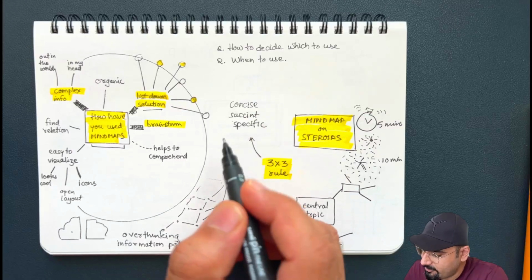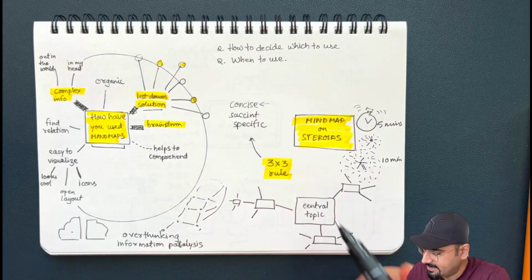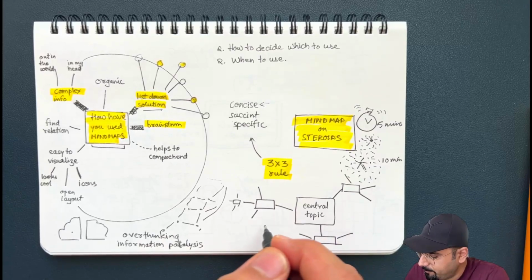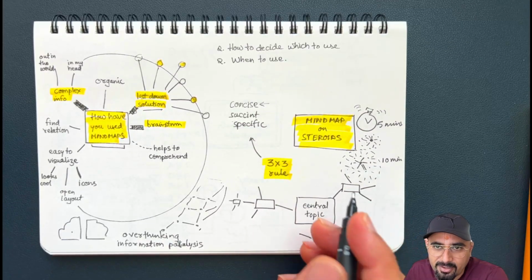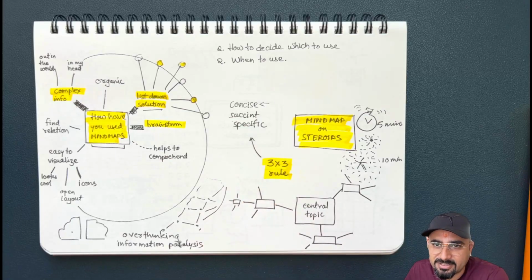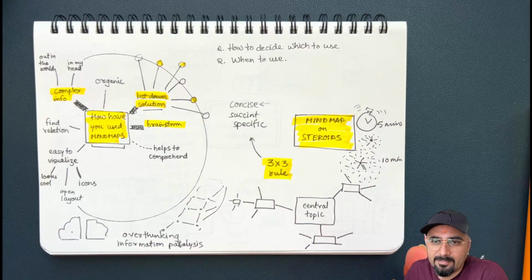So that's how it makes it concise and succinct and specific, because you are always thinking about the central topic. You are not going beyond the central topic or going on a tangent. So for a specific problem, I think 3 by 3 is the right way of going.